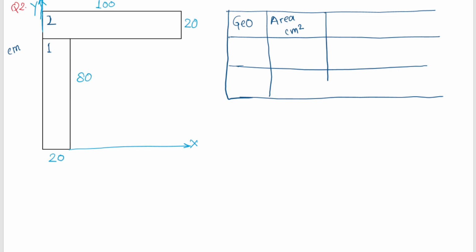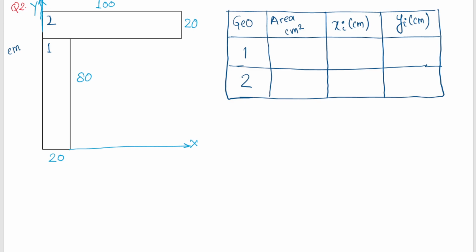Then we have xi in centimeter, and then we have yi in centimeter, right? Let's make our table, geometry 1 and 2. Now let's try to fill the vacant spaces.